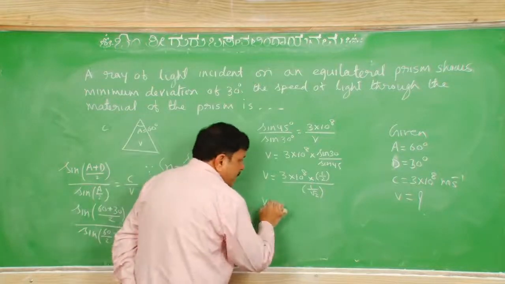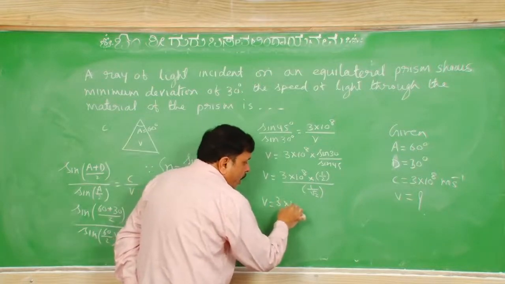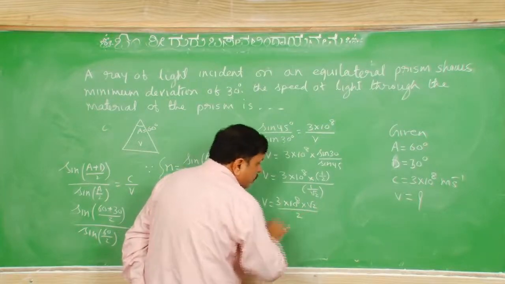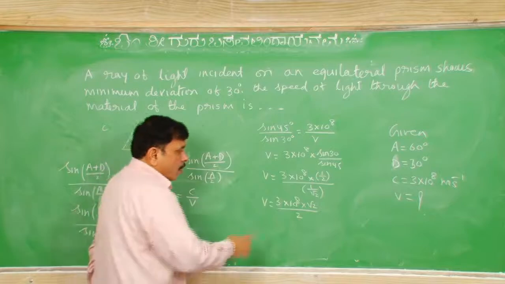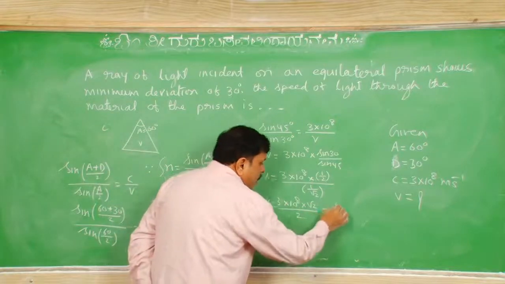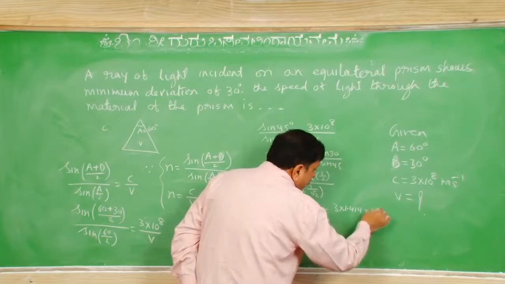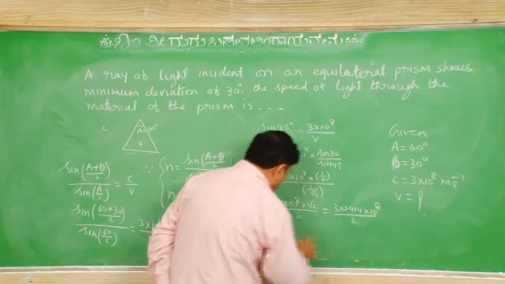This can be written as 3 into 10 power 8 into root 2 divided by 2. Now, we will first multiply 3 into 1.414, times 10 power 8, divided by 2.